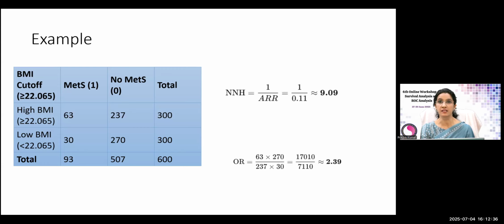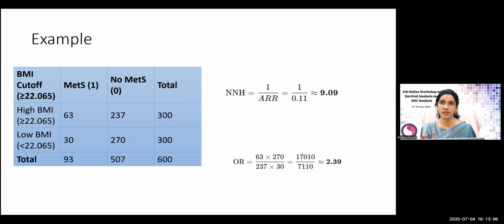Here the absolute risk increase was 0.11, so your number needed to harm is 9.09. How do we interpret it? We say that if there are 9 people having BMI more than 22, then there will be one person who will develop metabolic syndrome. This is how we define number needed to harm: 9 people with BMI more than 22 will harm one person, that means he will have metabolic syndrome.